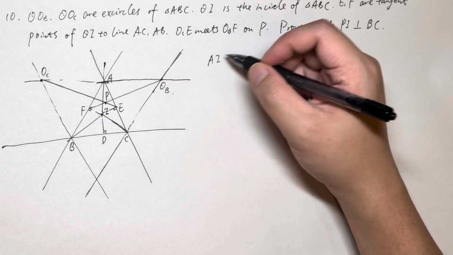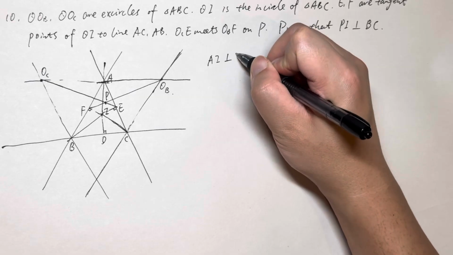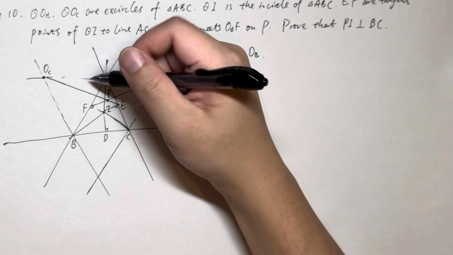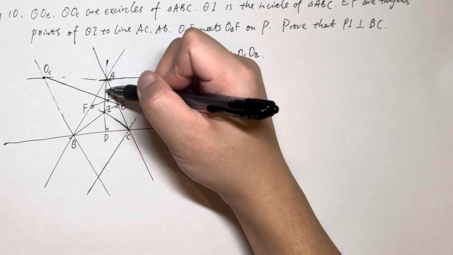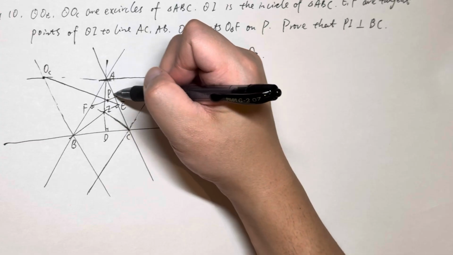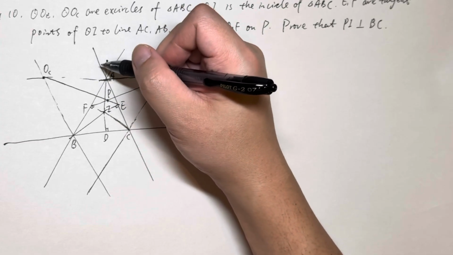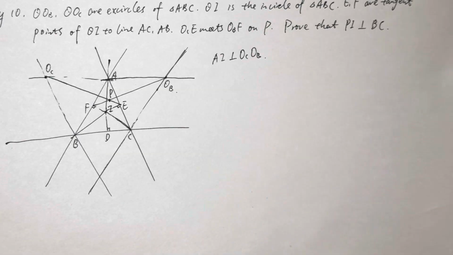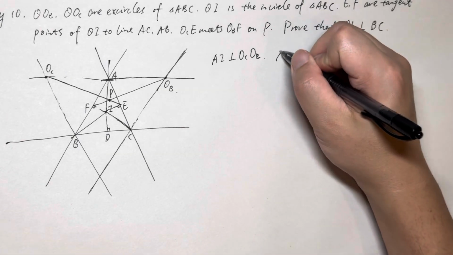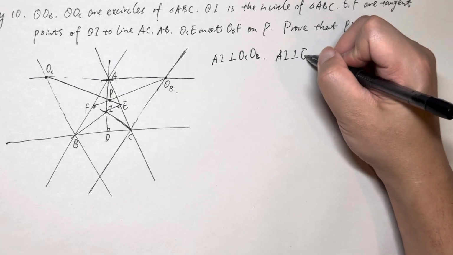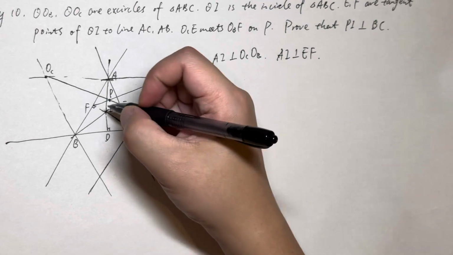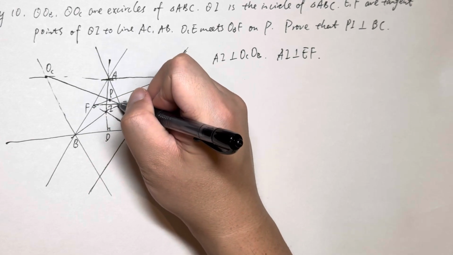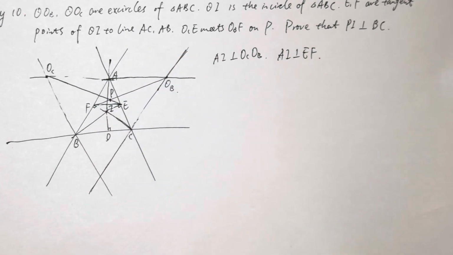Then we have the idea that AI is actually perpendicular to OCOB, right? Because this angle is half of this one, this is half of this one, and the summation of all of these angles is 180 degrees, so the half would be 90 degrees. That means AI is perpendicular to OCOB. And also, AI is perpendicular to EF, because AF equals AE, and AI is the angle bisector of angle BAC.